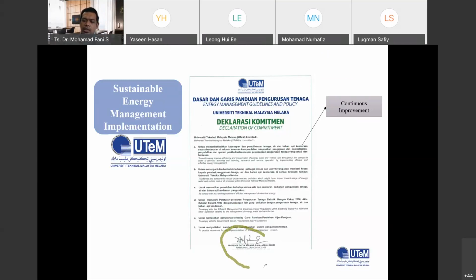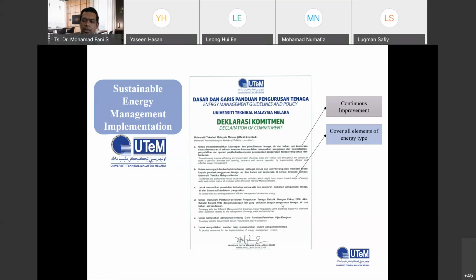The energy policy in UTM has been signed by the Vice Chancellor, Datuk Wira Raha, and we have put the commitment towards continuous improvement, covering all elements of energy types. We should not consider only electricity, but also the performance of water and fuels for transportation, etc., used within UTM operational conditions.